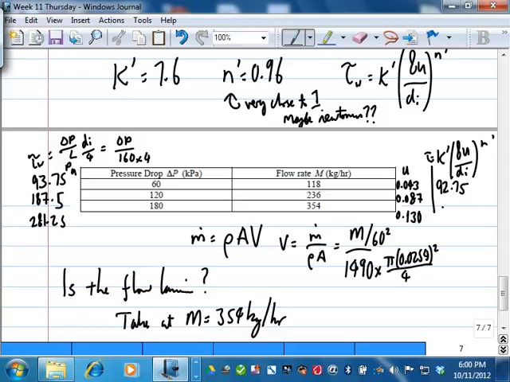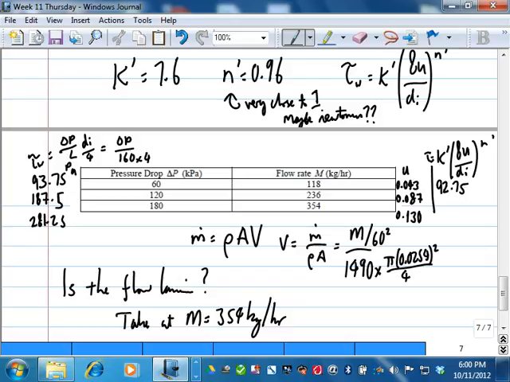DI is 25.4 mm, 160, the length to diameter ratio.